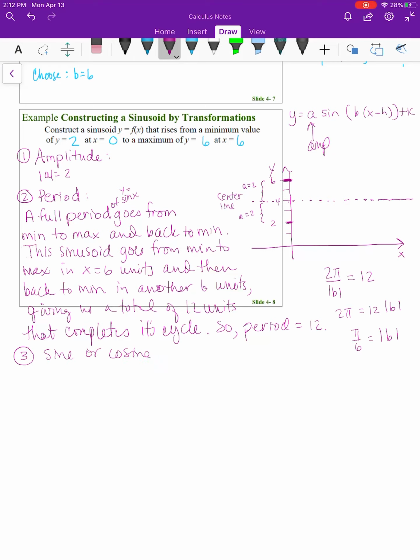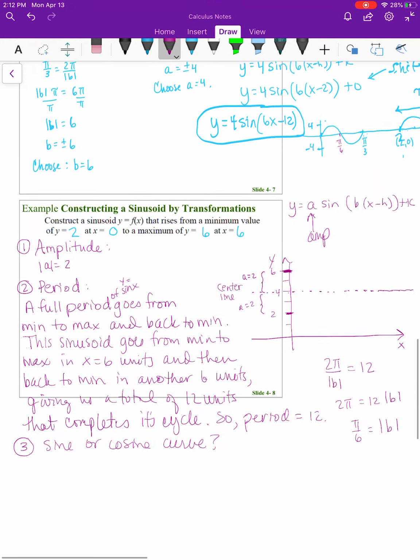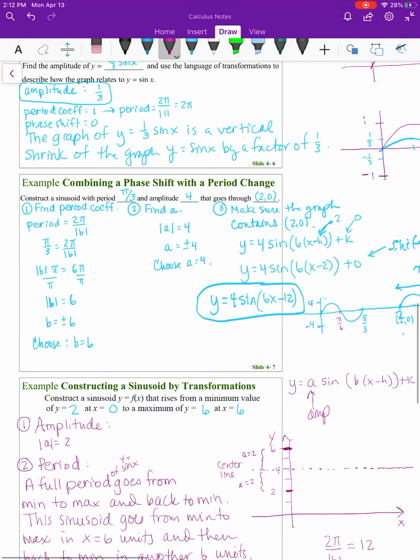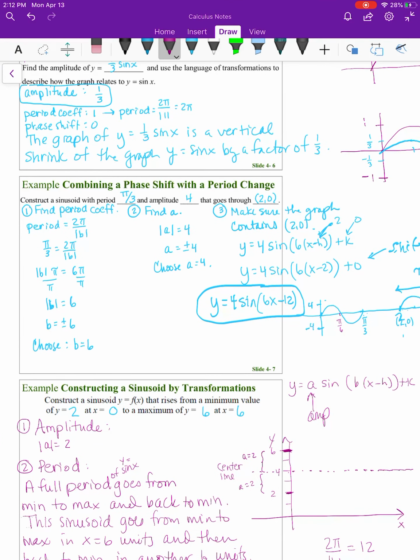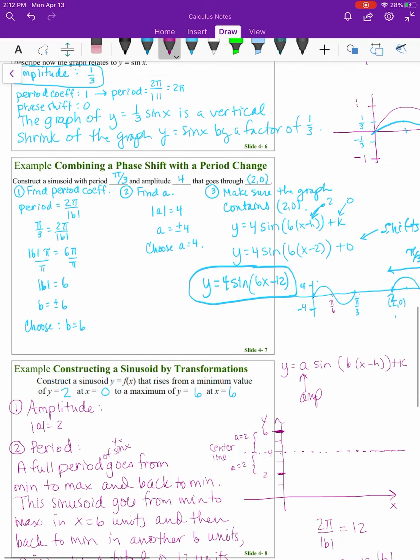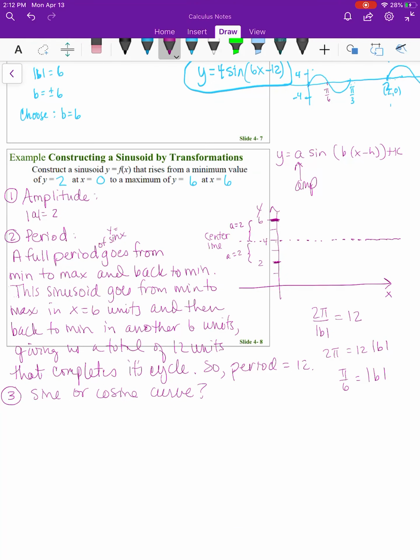Now, the third thing that we need to do before we create this sinusoid is we have to decide, do we want a sine or a cosine curve? Okay, the last one we chose sine because of the 2, 0. It was easy to think about just shifting it.